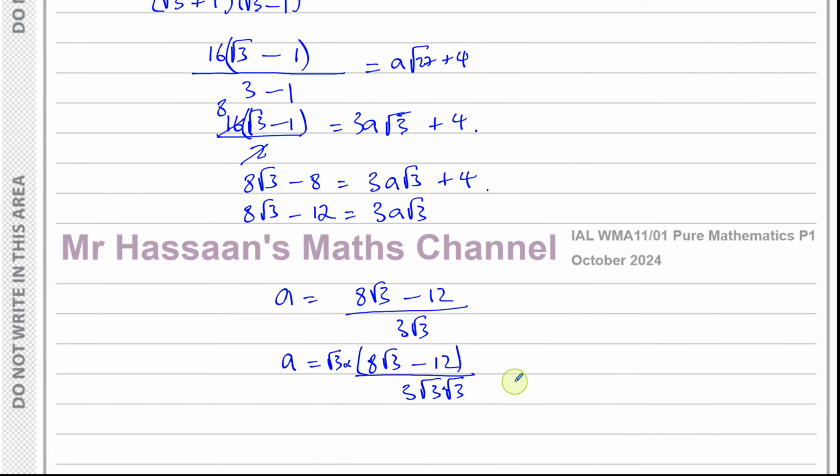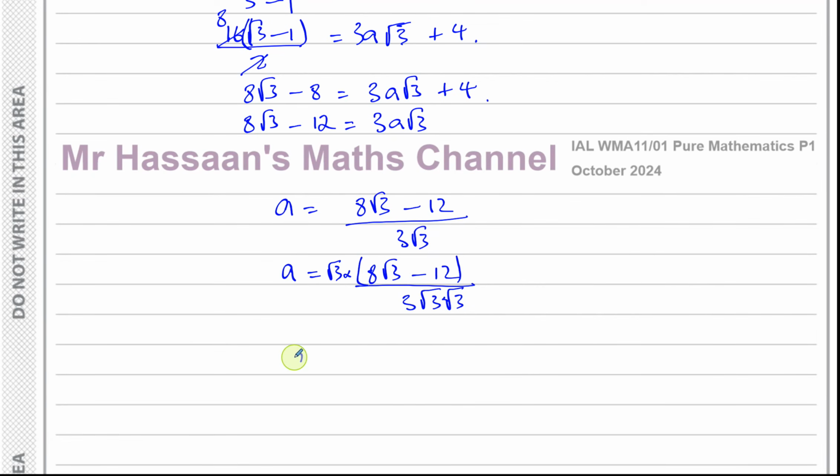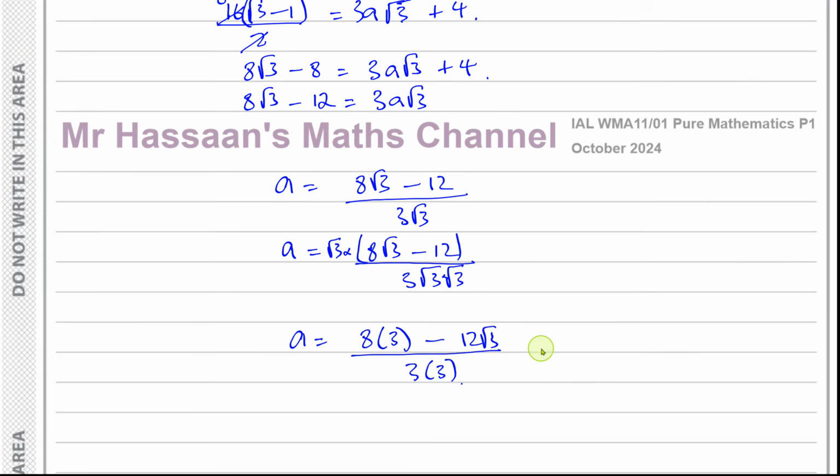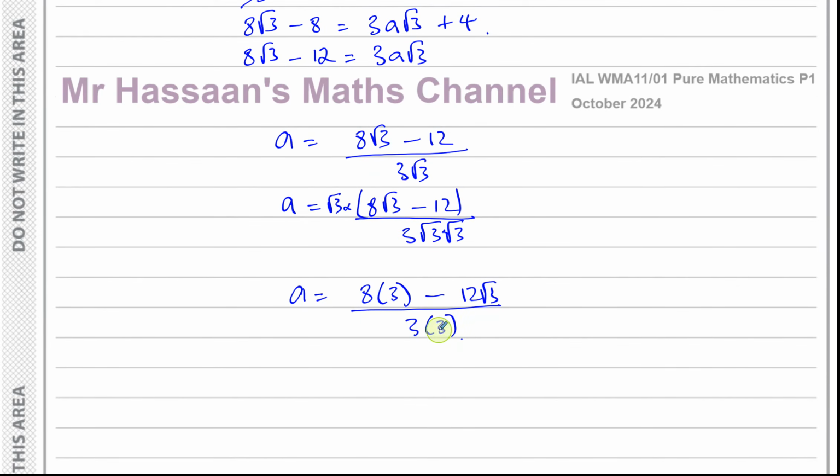So now we can simplify this and give the answer in the required form. So A is equal to, this is root 3 times 8 times root 3. That's 8 times 3 minus 12 times root 3 over 3 times 3, which gives a 9.